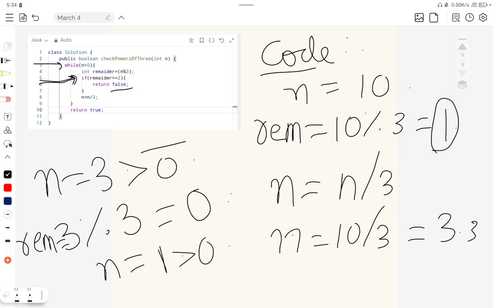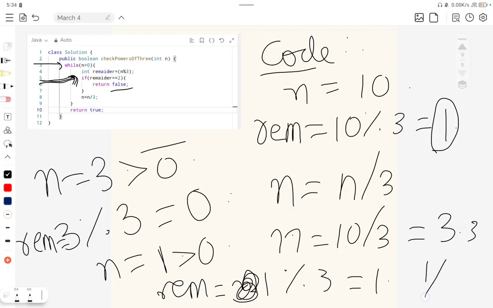Now remainder is equal to 1 modulo 3, that is equal to 1. The condition fails, and n is equal to 1 divided by 3, that is equal to 0.